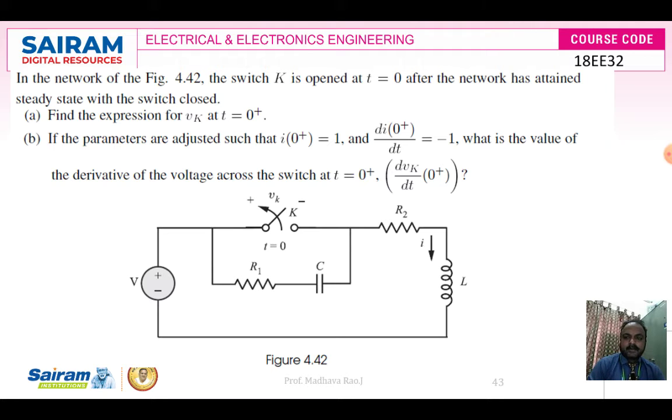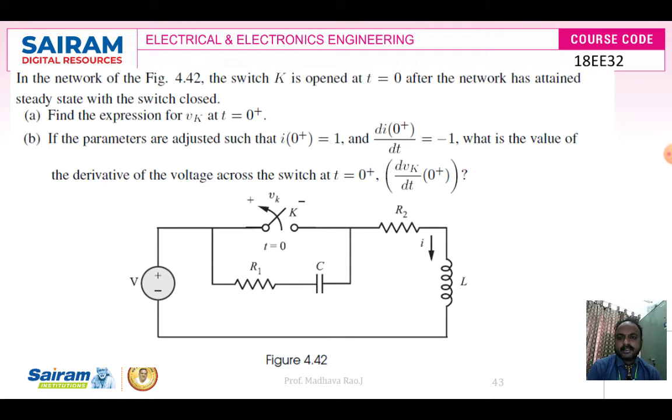In the network of the figure, as shown in this figure, the switch K is opened at t equal to 0 after the network has attained steady state with the switch closed. Find the expression for Vk at t equal to 0 plus.